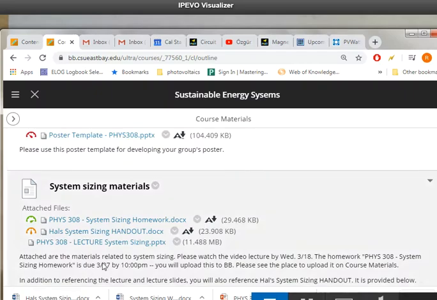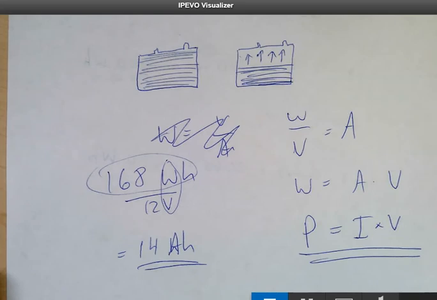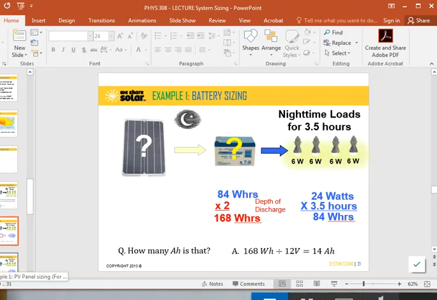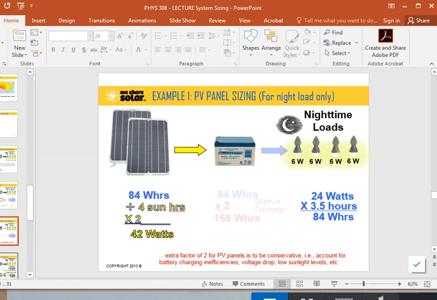That's telling us what kind of battery I actually need. I need a 14 amp hour battery if I'm going to have a chance to keep these lights on for the time that I think it needs and still not drain the battery completely. So it takes a little bit of being smart around what our needs are.